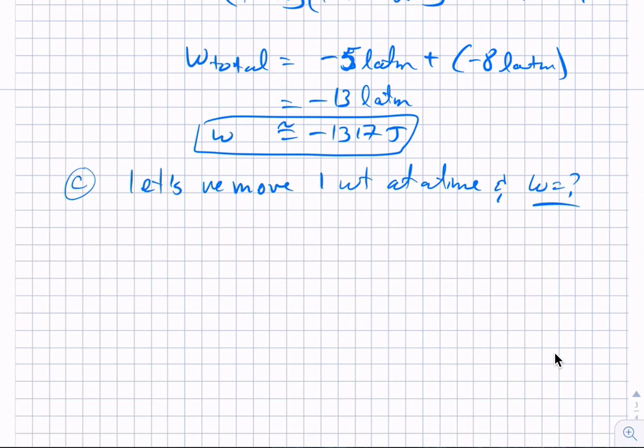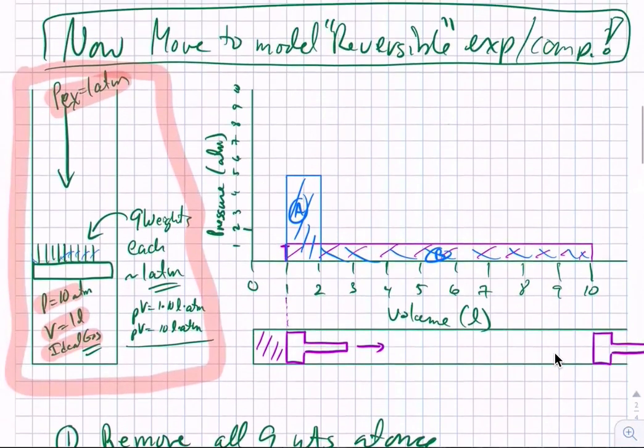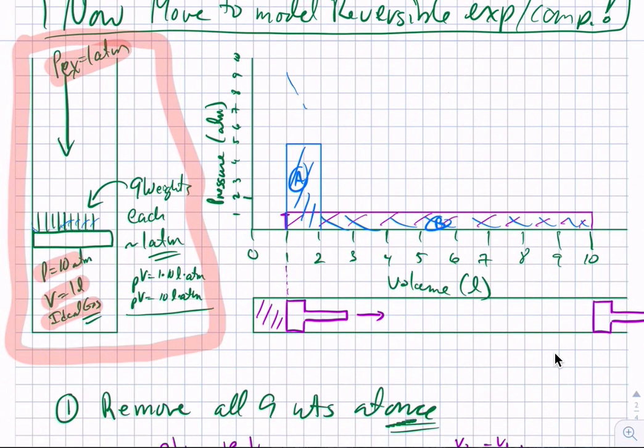If we did remove all 9 weights at once, the total work we can get out of this would be minus 1954 joules. And essentially that's going to start to look more like something like this. Let's try that again.